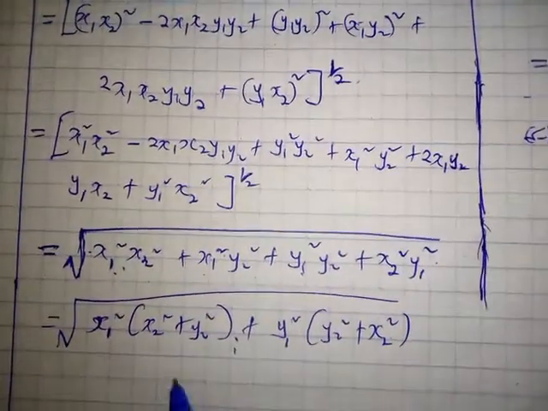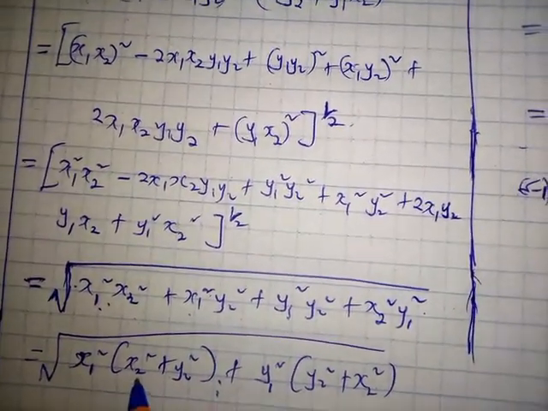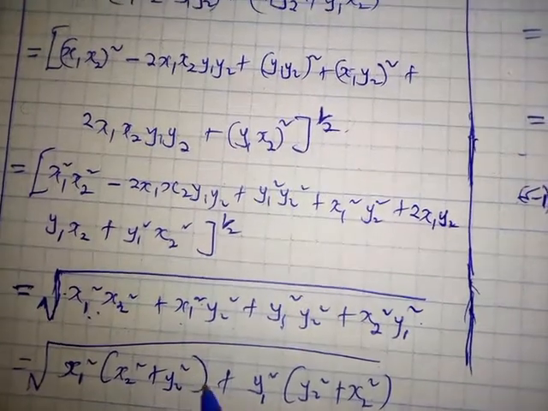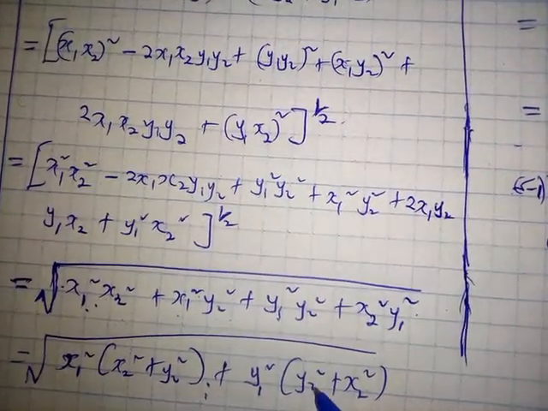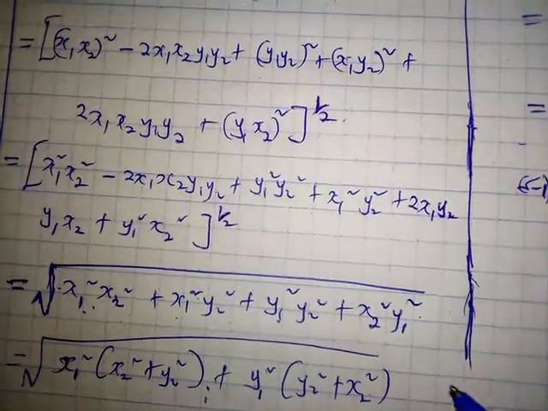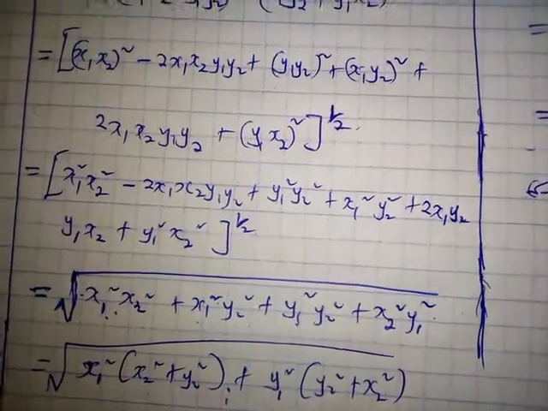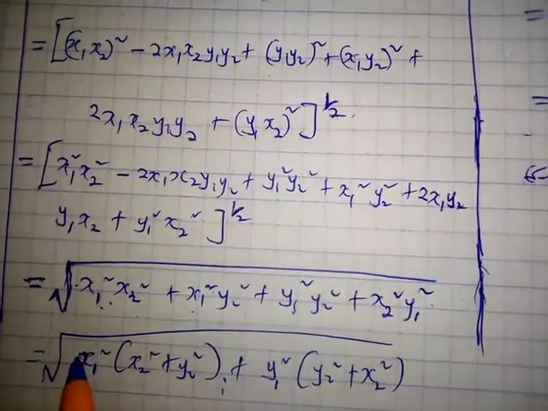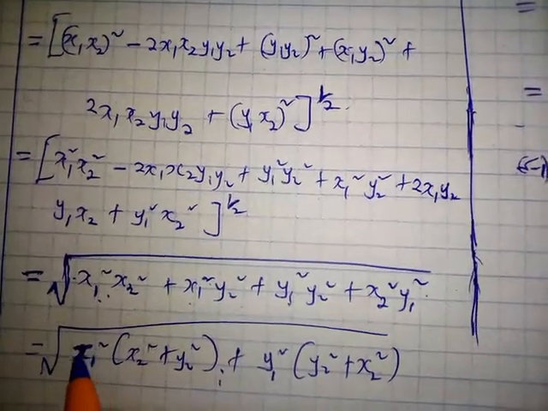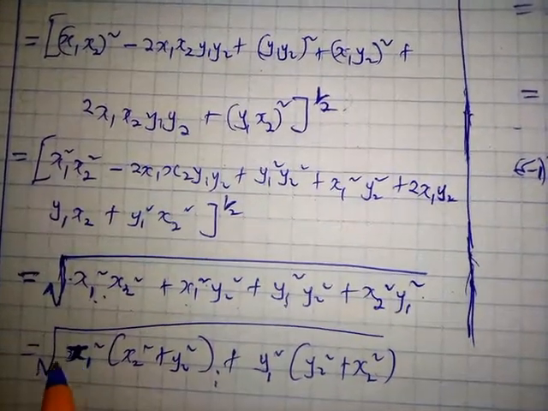You can see that x2 squared plus y2 squared is the same as y2 squared plus x2 squared. I do believe that you know the laws of factorizing.